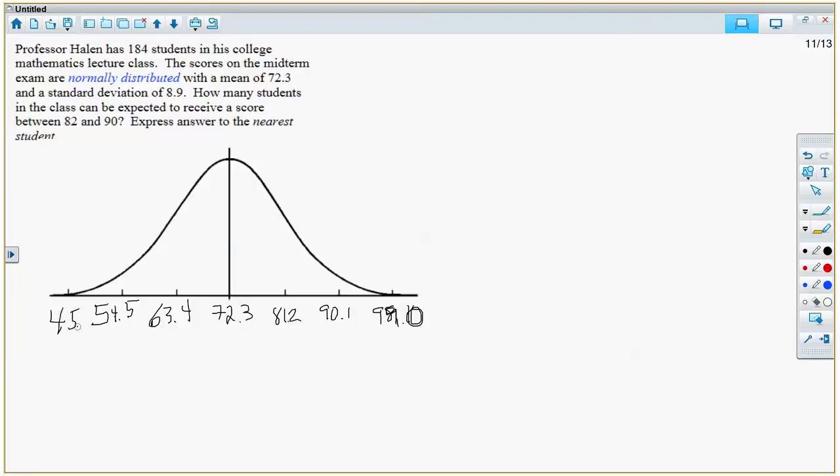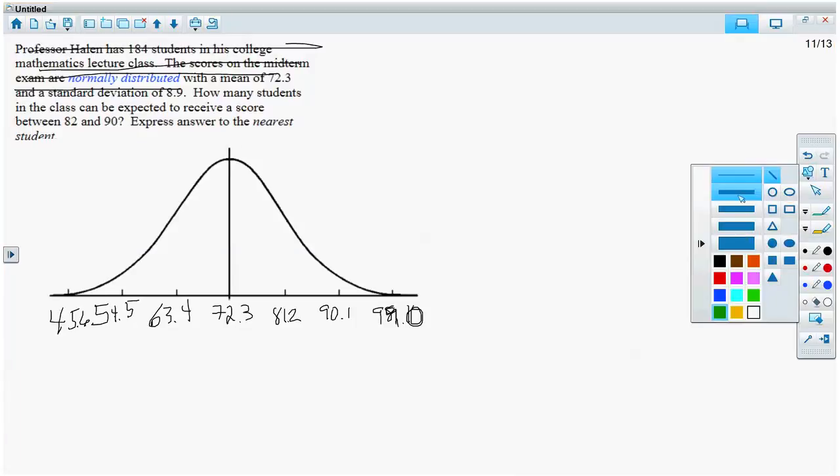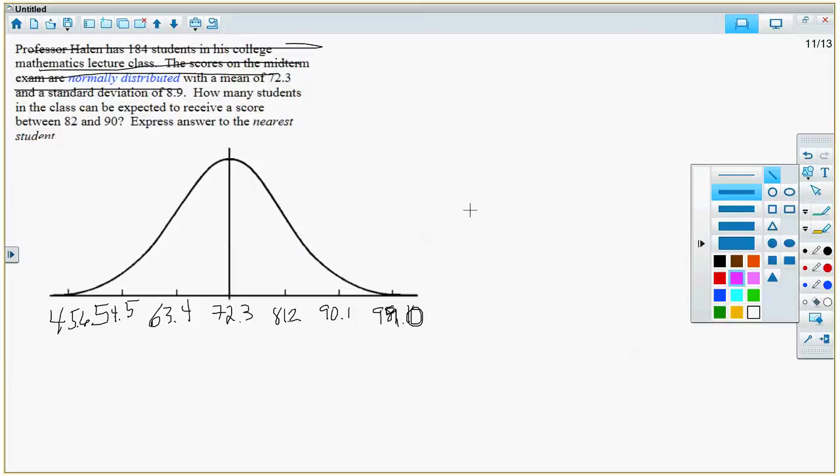Okay, so we got our picture drawn. We've got all this information gone. You don't need this anymore. How many students can be expected to score between 82 and 90? So you take your handy dandy straight line maker and you draw between 82 and 90.